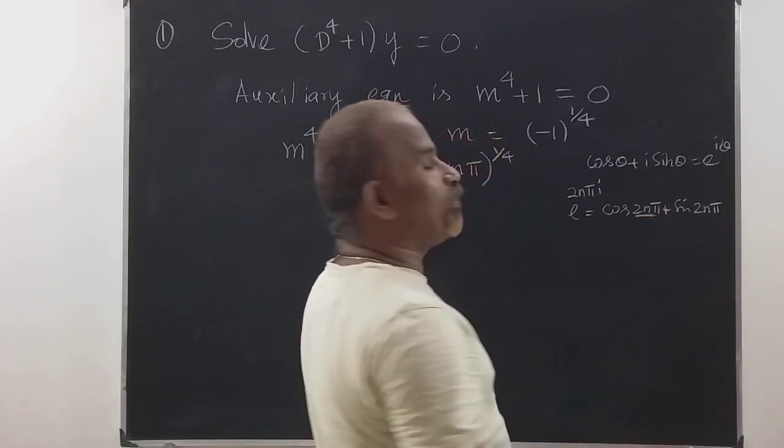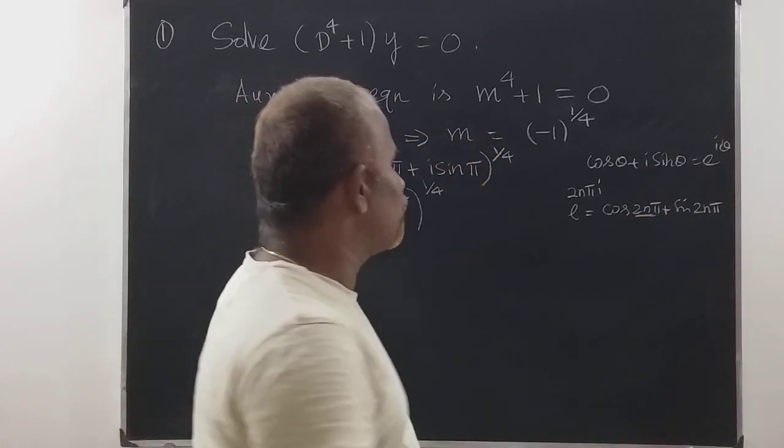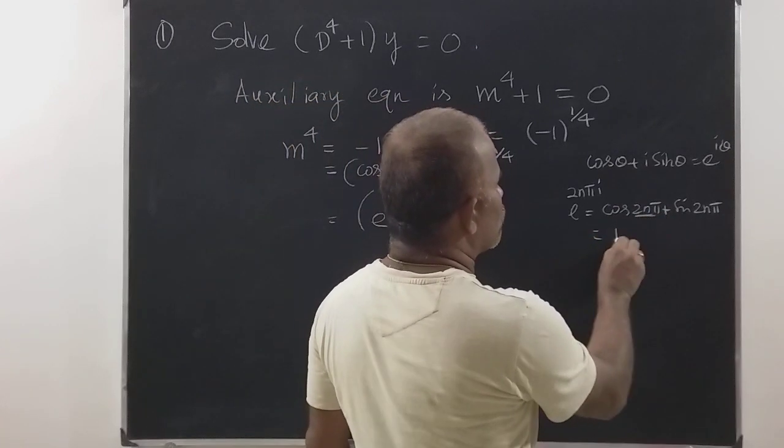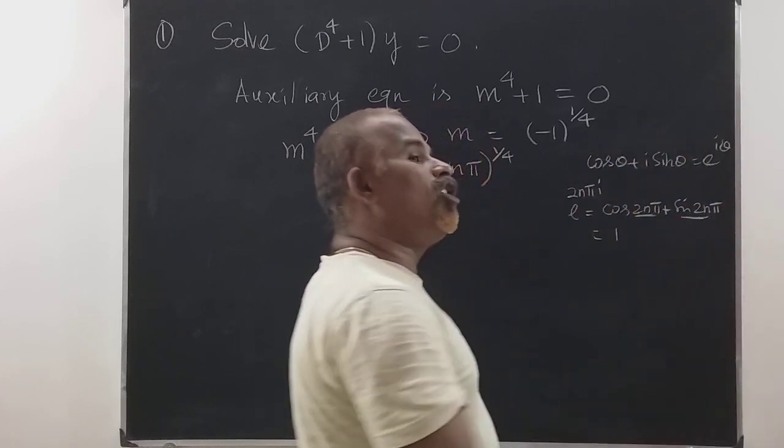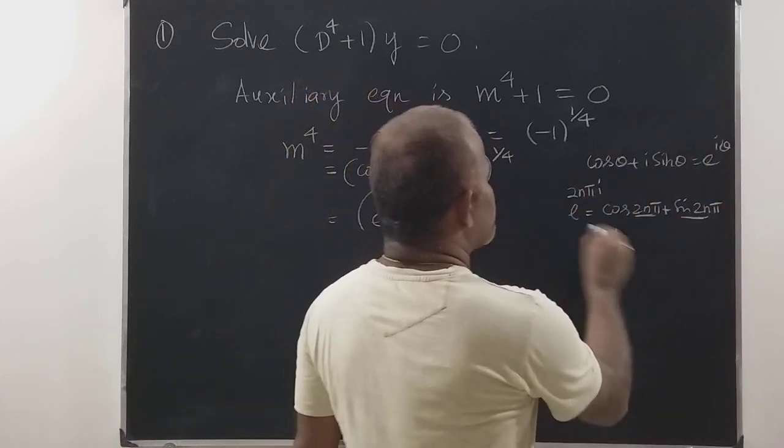Cos of even multiples of pi is 1, and sin of all multiples of pi is 0. So this is equal to 1.